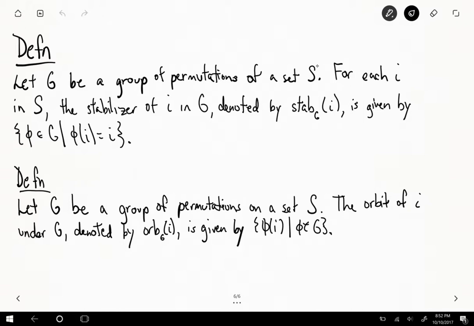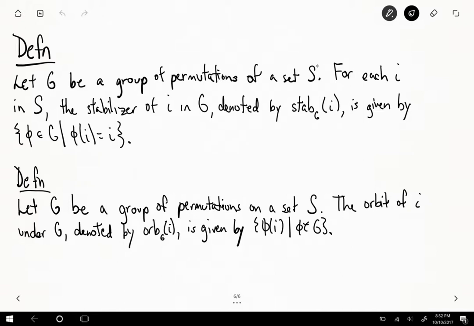So let G be a group of permutations of a set S, and then for each i in S, we have the stabilizer of i in G. It's going to be just the phi that are in that group of permutations such that phi of i fixes i, essentially. So what keeps it at the same element?